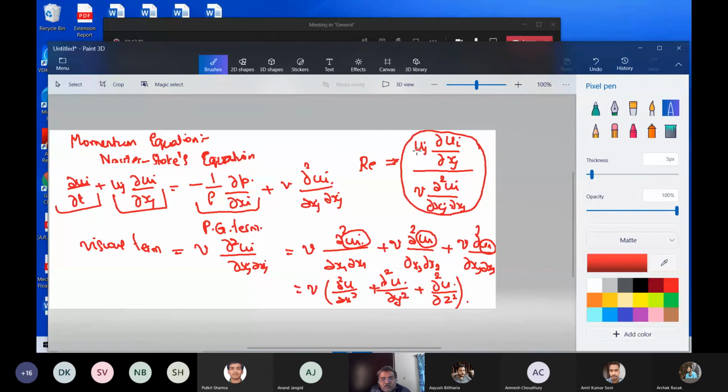Now, in order of magnitude, uj is of the order of u. This is of the order of u by L divided by nu u by L squared, so this L will go to the top.